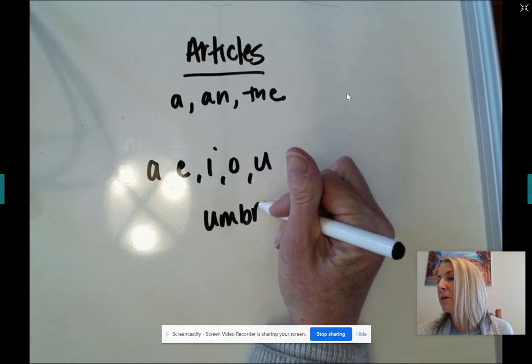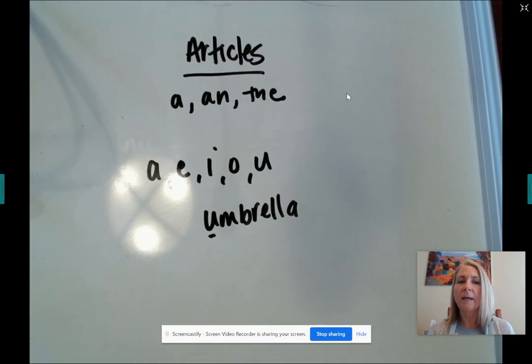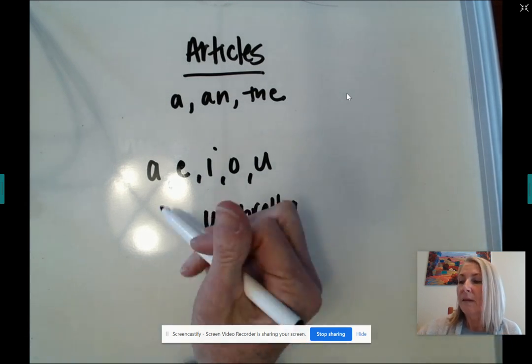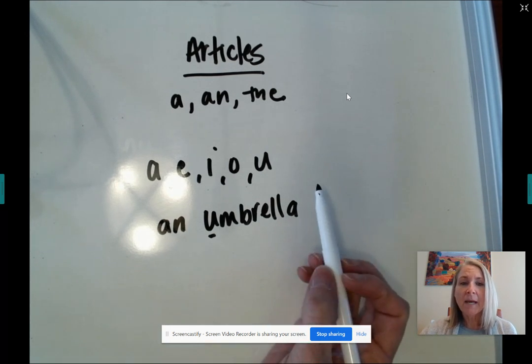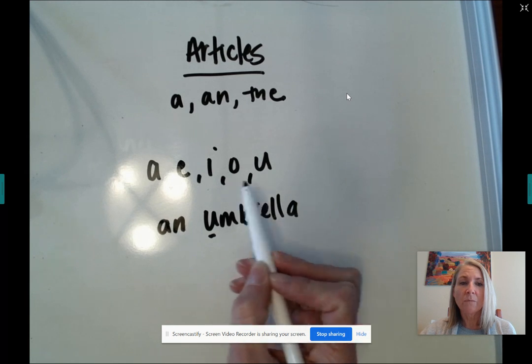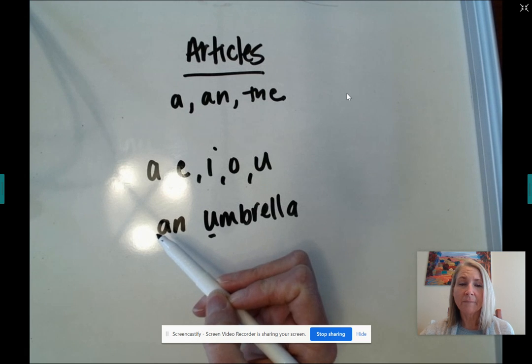Would I say, I will take a umbrella outside, or I will take an umbrella outside? Which one sounds more accurate? If you said an, you are correct. We would take an umbrella outside, not a umbrella outside. Anytime a noun starts with one of these vowels, you would put the word an in front of it.